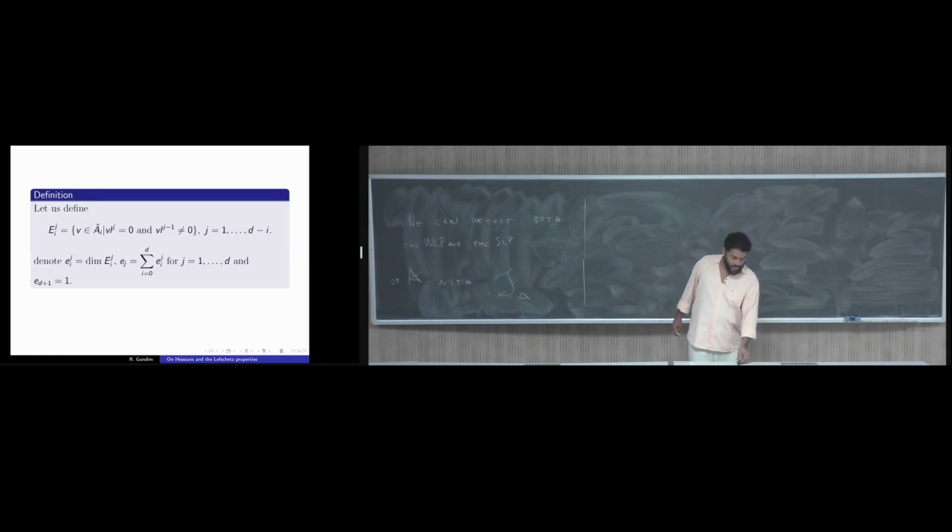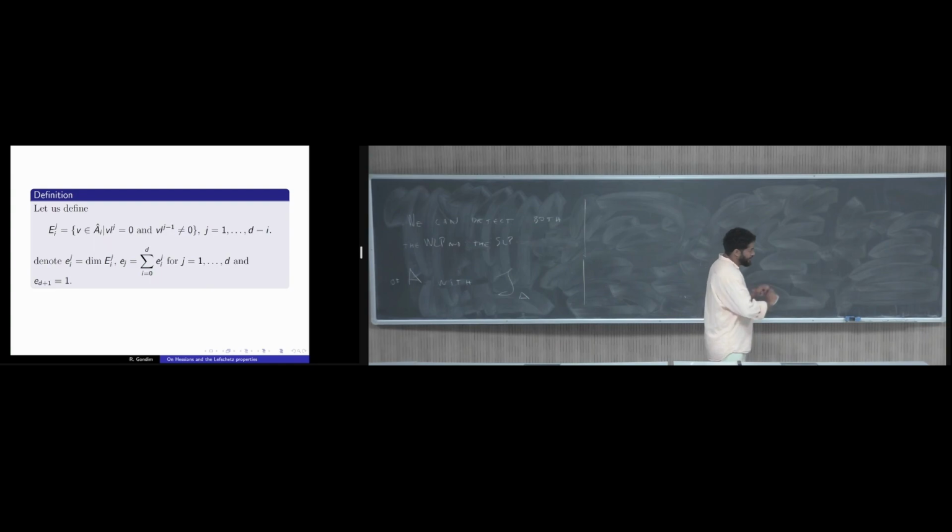So we will define Aij, the space of v in AI such that v multiplied by L raised to the power of J is 0, but to the power J minus 1 is non-zero.